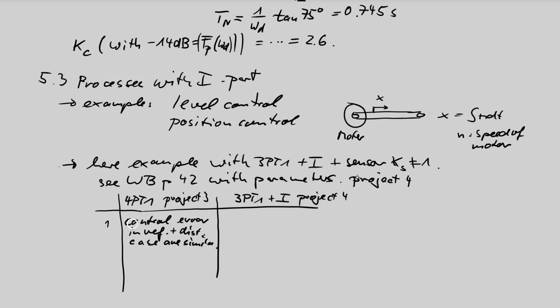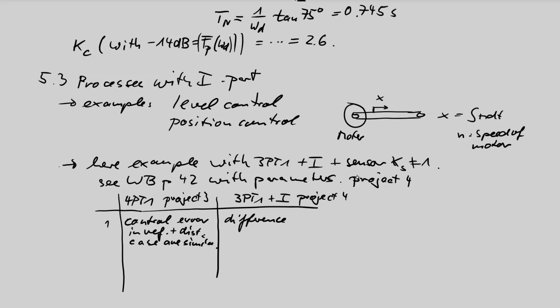If my controller has an integrator, then control error in reference and disturbance case have no error, 0. So the behavior is simple. If I want to have 0 control error, take an I and be happy. We will see in the 3PT1 process there is a difference.